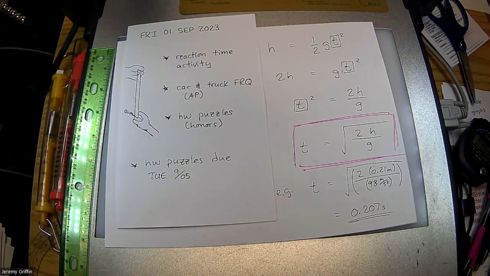Right. Give you guys one more shot. All right. So now that you guys know to convert centimeters to meters, go ahead and see if you can get your reaction time.